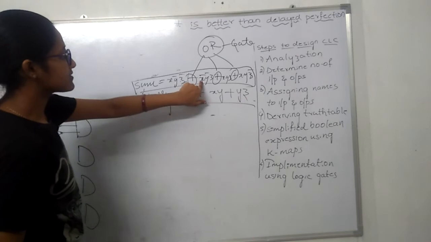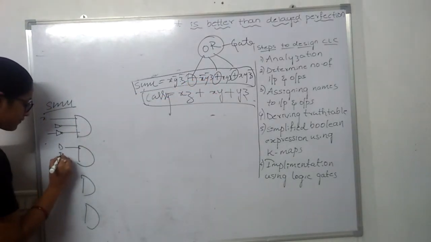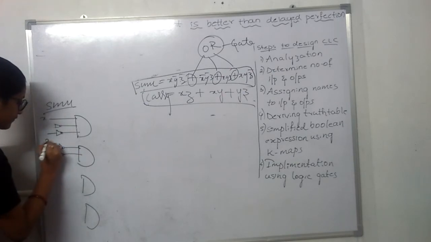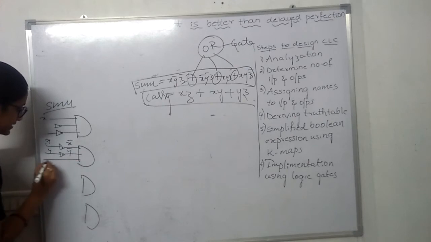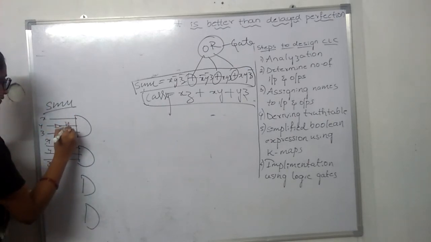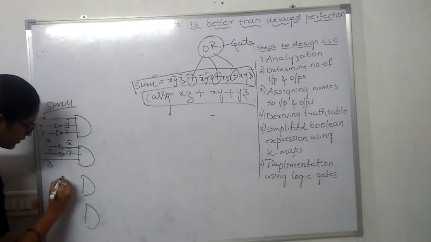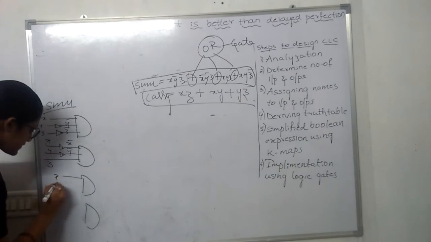And then x bar, y bar, z. X bar, y bar, and then z. Let me complete here: y, z, y bar, z bar. And then here, how many inversions? No inversions: x, y, z.